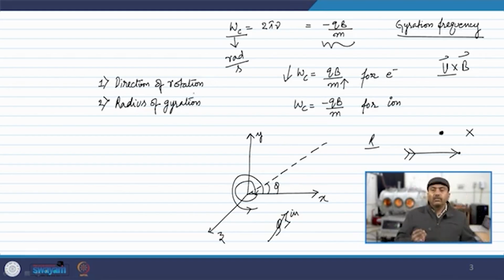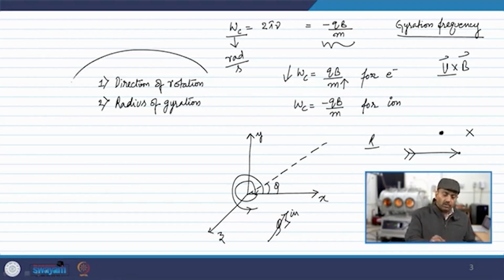What will be the radius of gyration, right? So far, we have not derived any expression for the radius of gyration. We only have the expression for the frequency of gyration, which is just inversely proportional to the mass. So, for the same charge and the magnetic field, the heavier the particle, the more slowly it will rotate. And what about the radius?